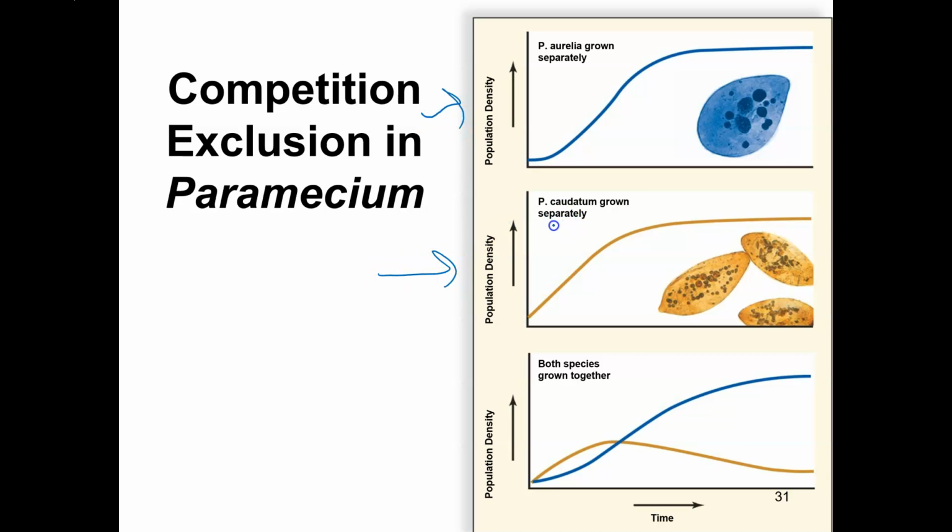P. caudatum replicates easily in the environment. P. aurelia, so these are both paramecium, aurelia grows well. But when we put them together, P. aurelia is going to outcompete P. caudatum. And so the number of P. caudatum actually decreases in the presence of P. aurelia.